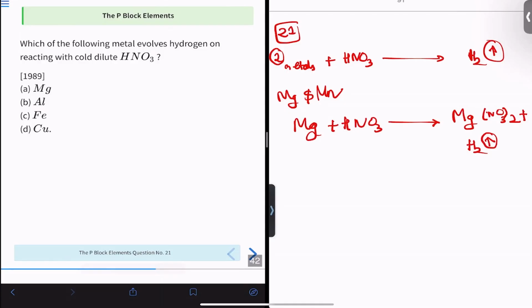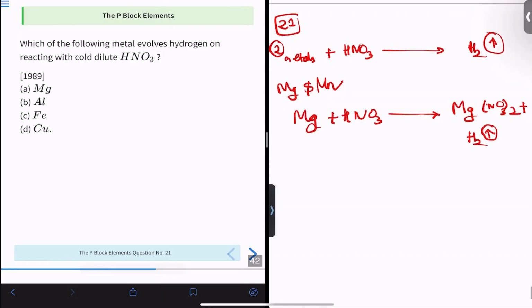Okay, I would like to tell you about the other reactions of nitric acid. If you have gone through the NCERT properly, there are two more reactions which are very important: the reaction of nitric acid with copper, and the reaction of nitric acid with zinc.